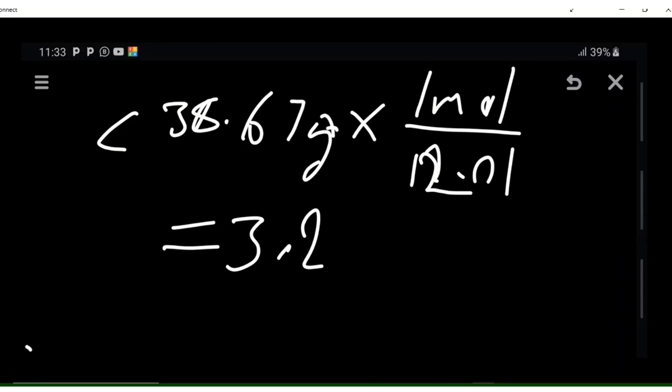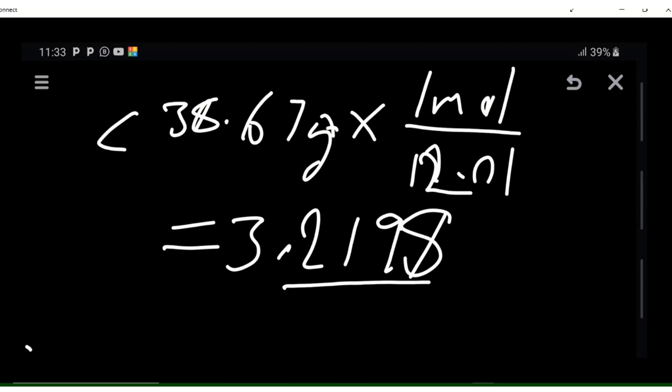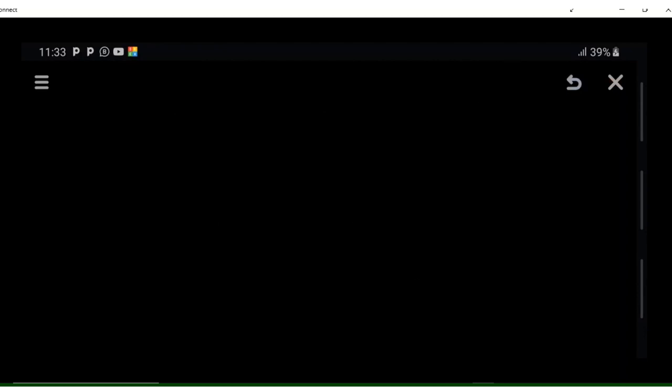You can round off when you are far, maybe at 5 decimal places. But yeah, 3.2198. So I'm writing 4 decimal places. I need an accurate answer. So mark that. This is the moles for carbon.